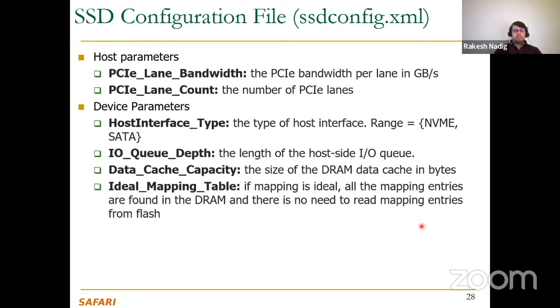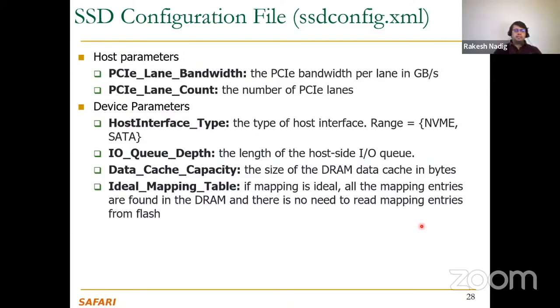Then we have something called the ideal mapping table. So, as I mentioned earlier, we have a cached mapping table to store some of the entries of the logical to physical address translation in the DRAM cache. But let's say if we want all the entries to be cached in the DRAM, then we set the ideal mapping table to be true, which actually stores all the entries in the DRAM.